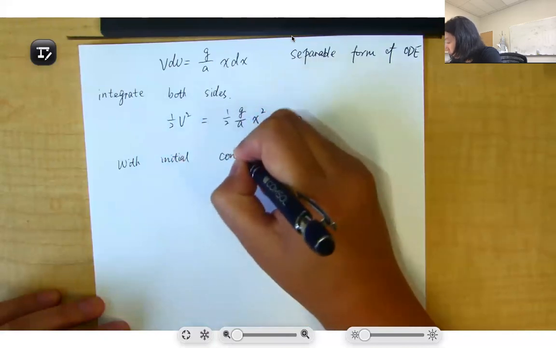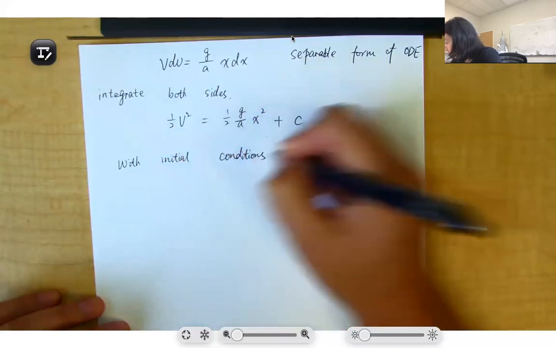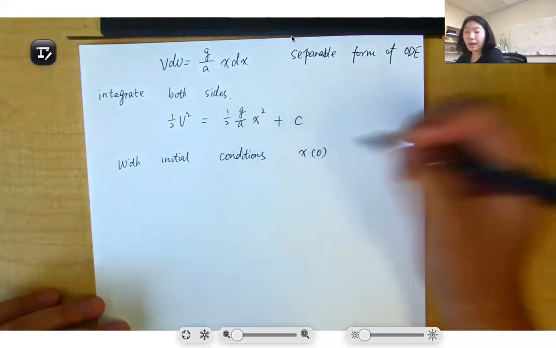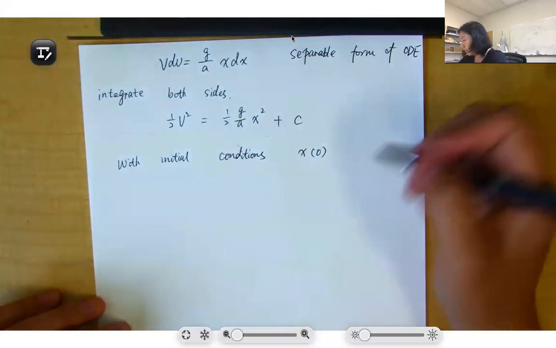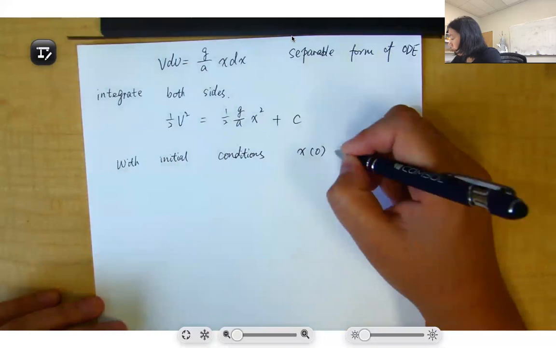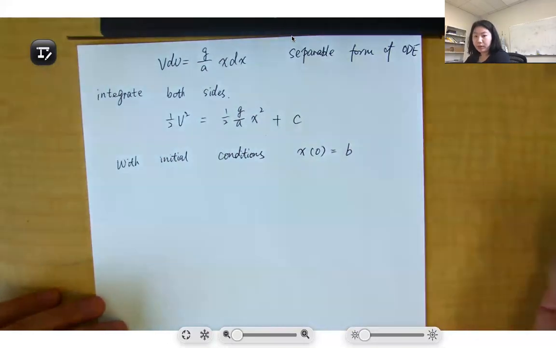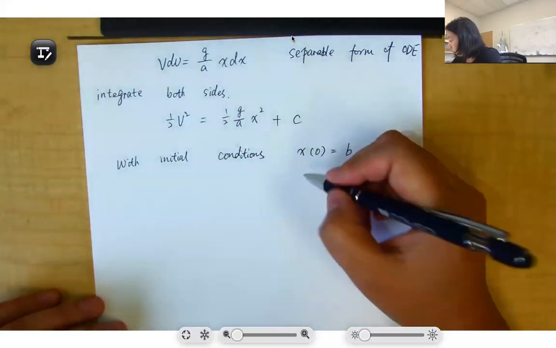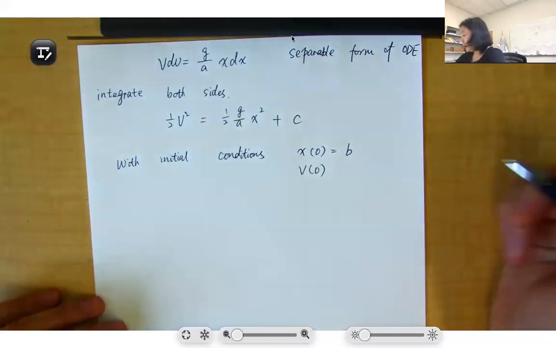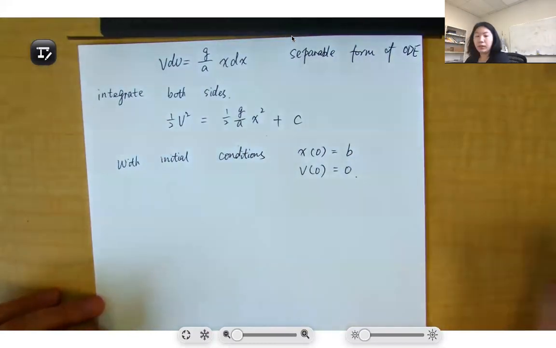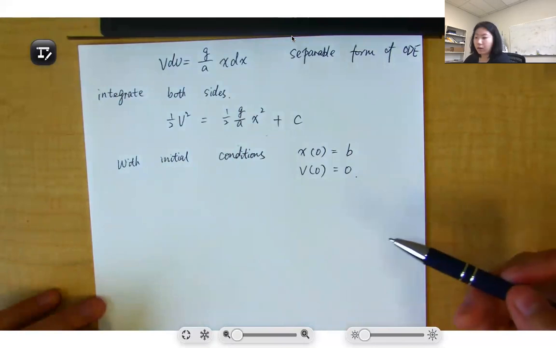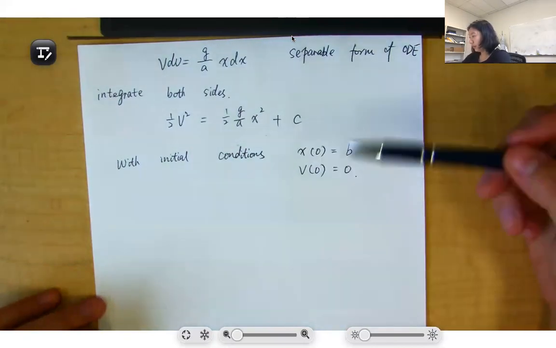We know that at time equals 0, the dangling part is b, and we also know the velocity at time equals 0 is 0. So we use these initial conditions to solve the solutions.